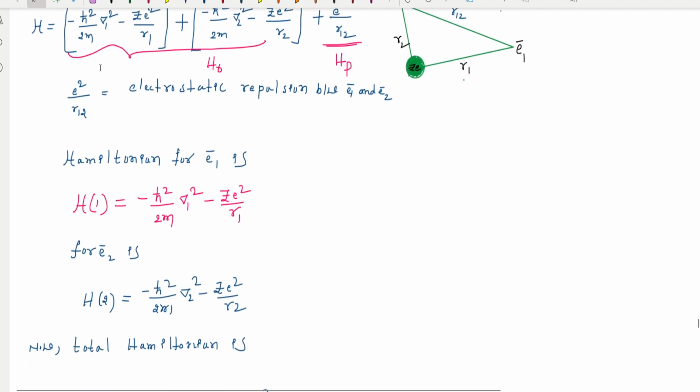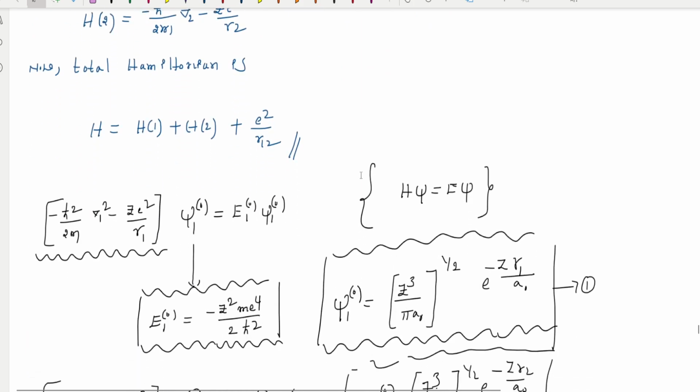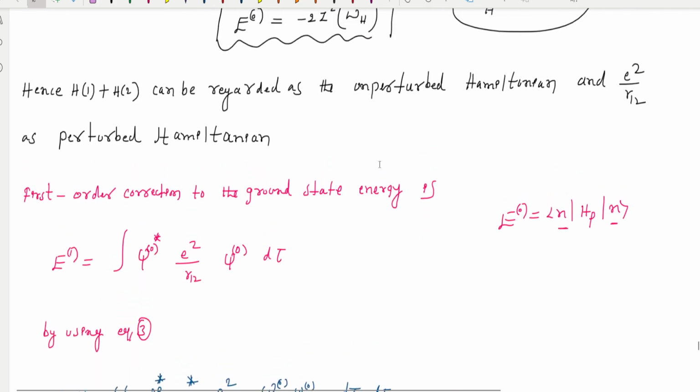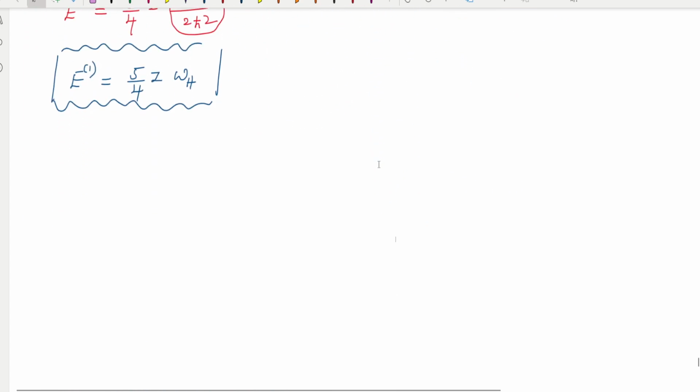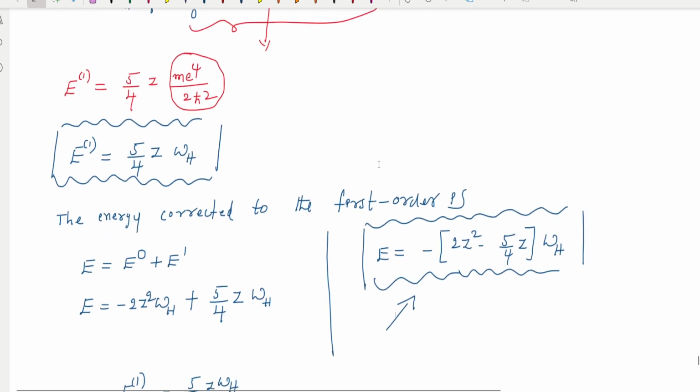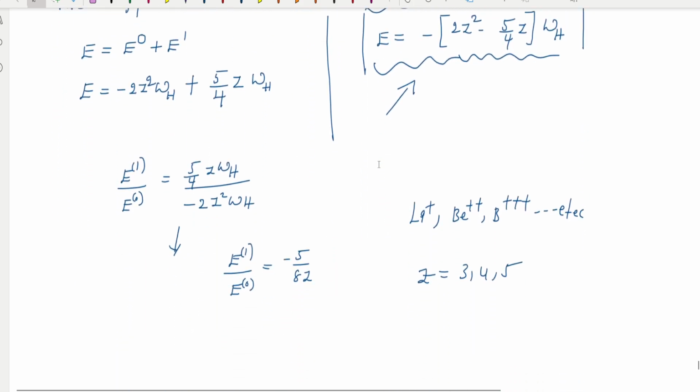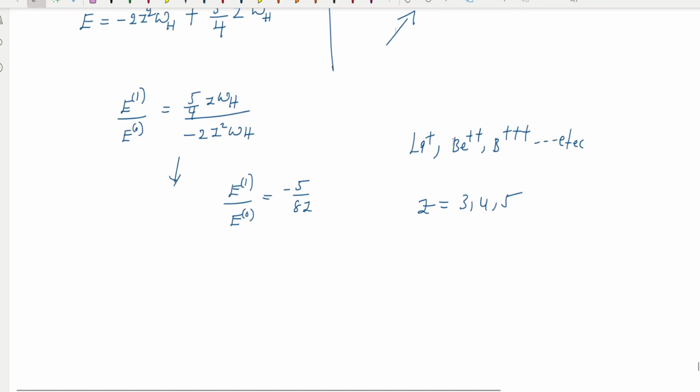Then step by step, I calculated the unperturbed Hamiltonian system's energy and the corresponding wave function. After that, I corrected for the electrostatic potential by using the first order correction energy term. Adding to the total energy, we find the corrected energy of the ground state of the helium atom. By using this type of derivation, we can handle two-electron systems like these materials also. These are a few examples.